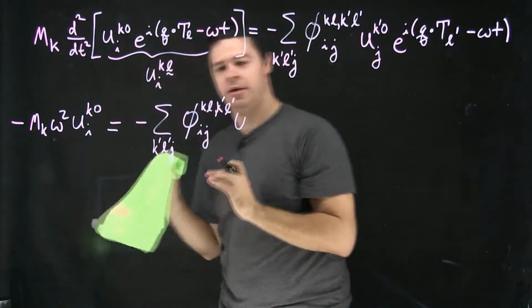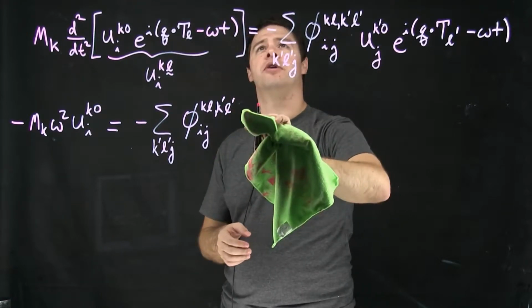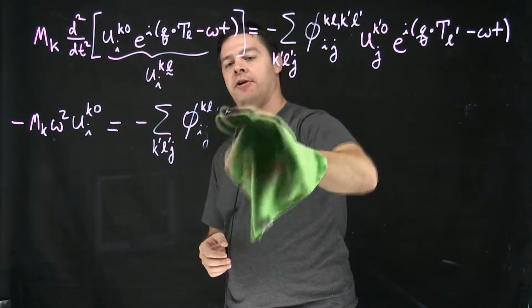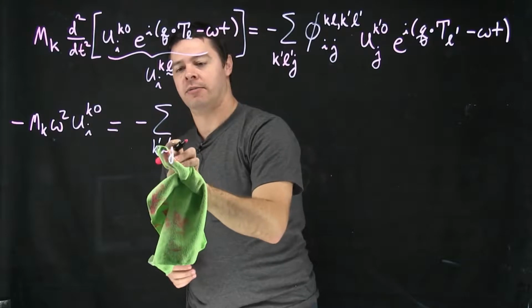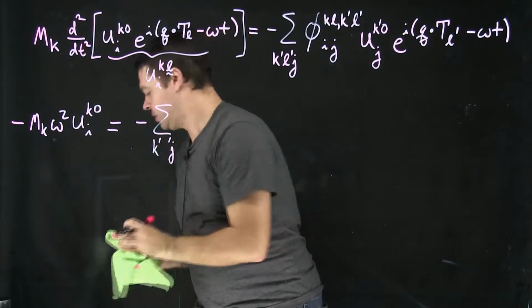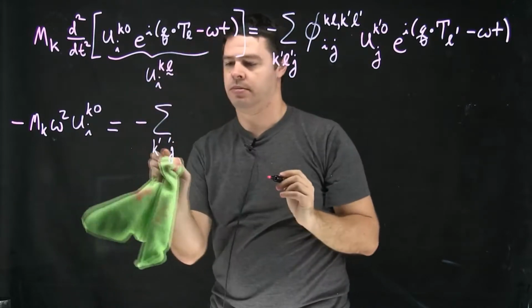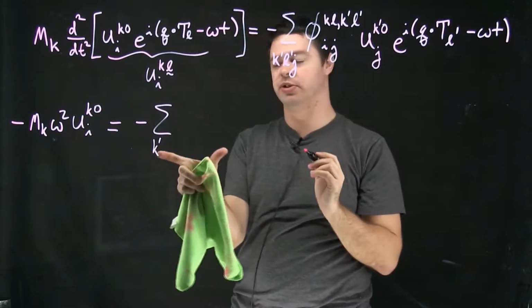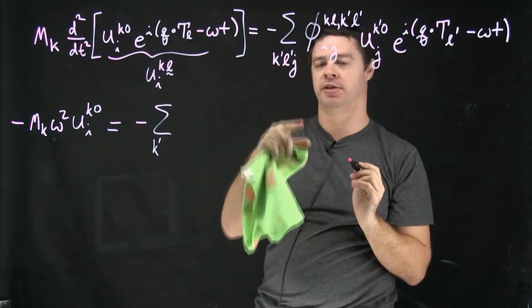Actually, I'm going to do a little bit of trickery here to cut down on the number of steps we have to write out. I'm going to write this as two summations. This was actually a triple summation: over the k primes, the l primes, and the j primes.